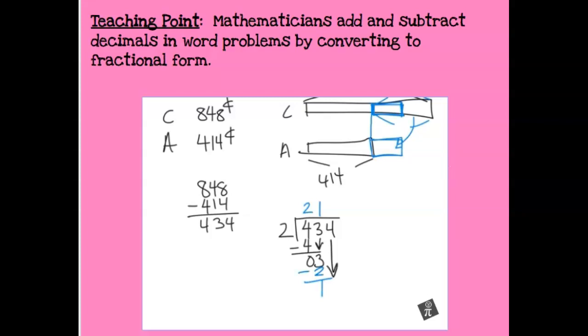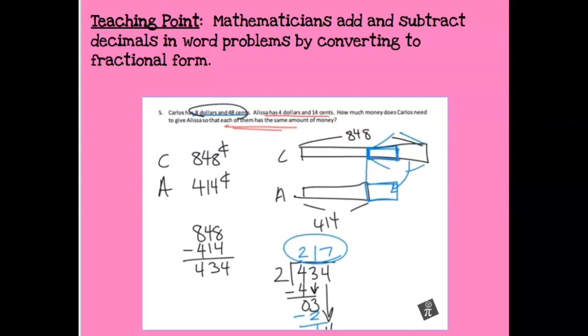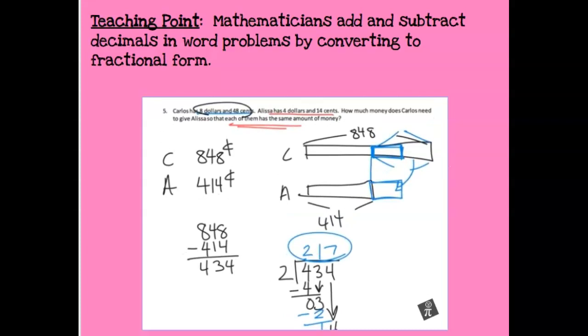And then you bring down these 4 ones, so now you have 14 ones, and 2 goes into 14 ones 7 times, so that's your 14, and you have nothing left over. So that tells us that Carlos is going to give 217 pennies to Alyssa, and they will now have the same amount of money. And if we wanted to, we could check that.